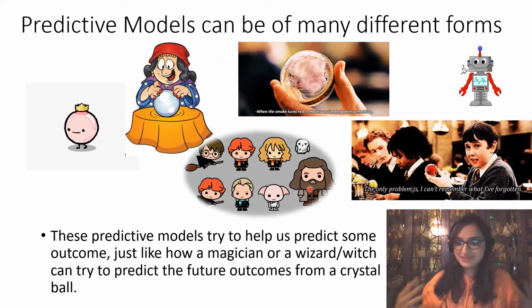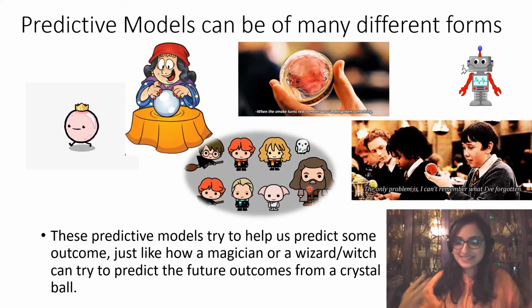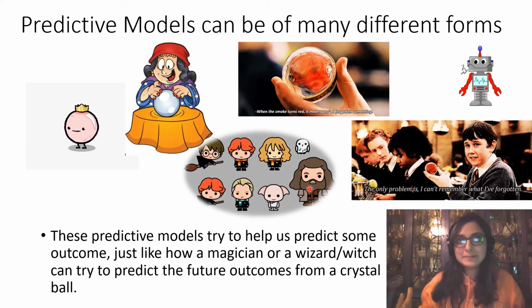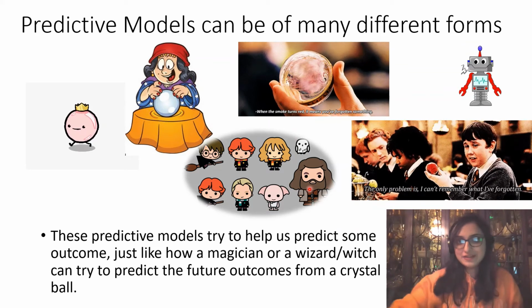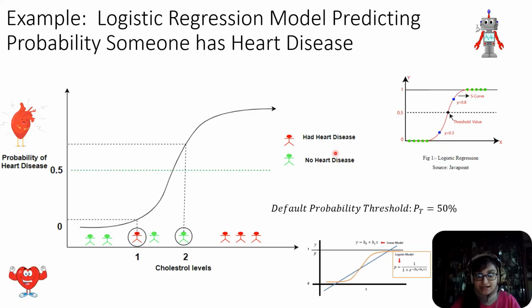We have this predictive model and we're trying to predict this outcome from that data using that model and applying it on new individuals. Here, for instance, we have a logistic regression model predicting the probability that someone has heart disease. You have all these individuals here, and you measure using logistic regression what's the probability that the person will have heart disease.